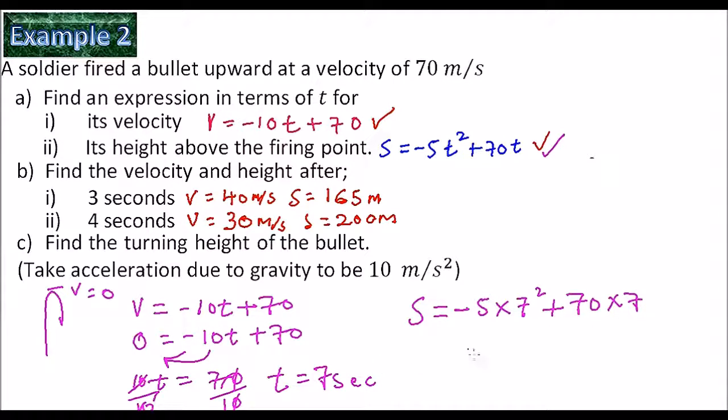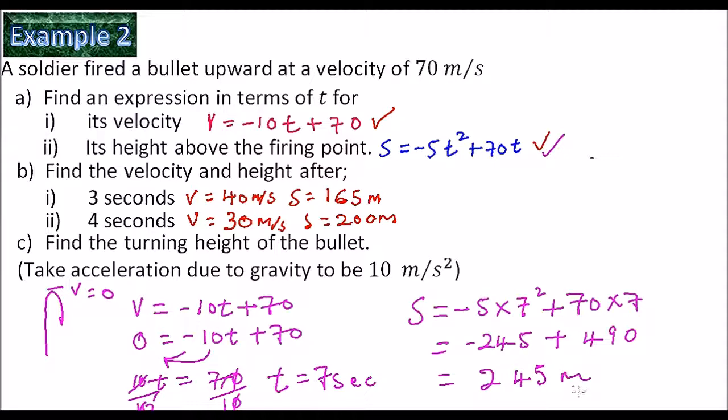So this is equal to minus 49 times 5, which is minus 245, plus 490, and when you subtract 245 from 490, you get 245 meters.